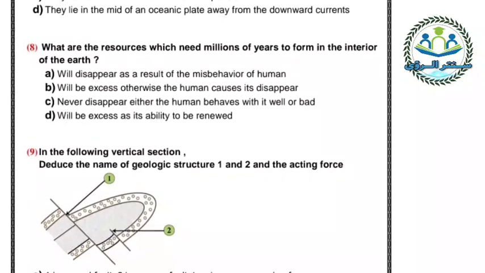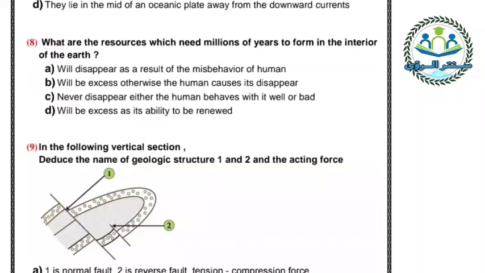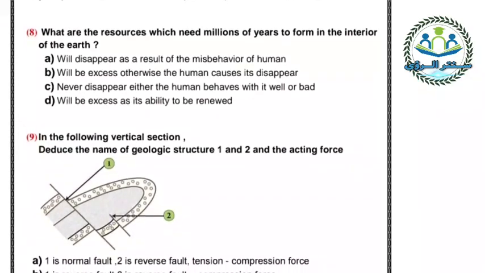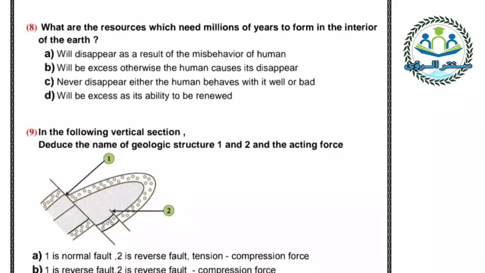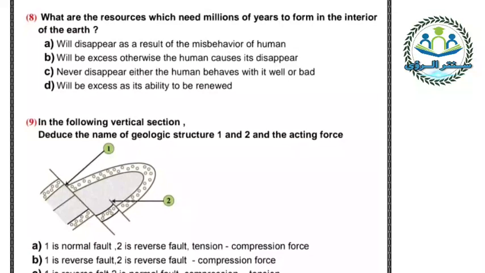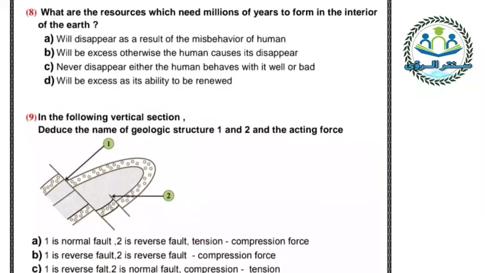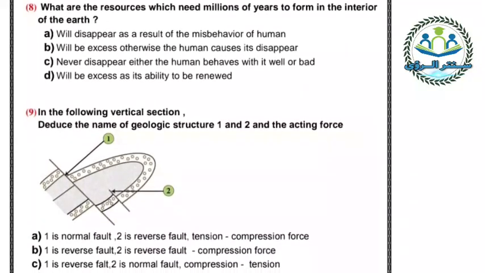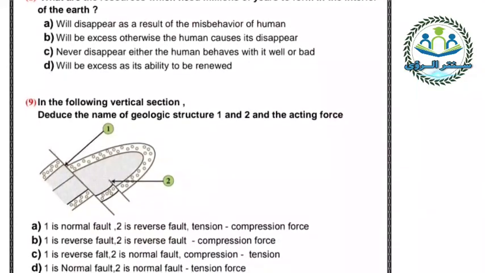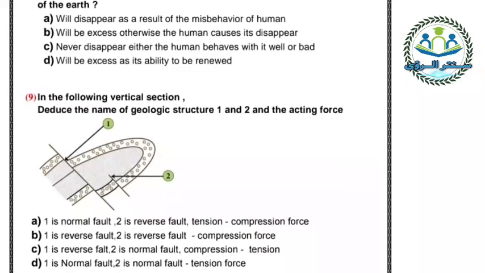9. In the following vertical section, deduce the name of geologic structure 1 and 2 and the acting force. A. 1 is normal fault, 2 is reverse fault. Tension. Compression force. B. 1 is reverse fault, 2 is reverse fault.